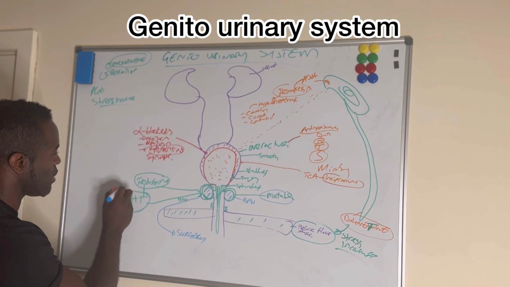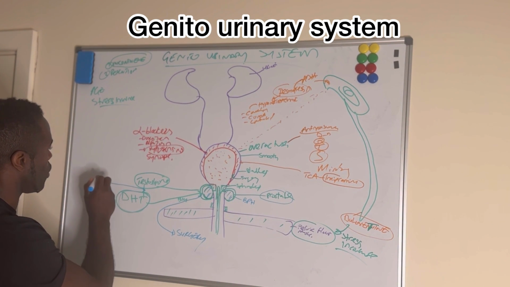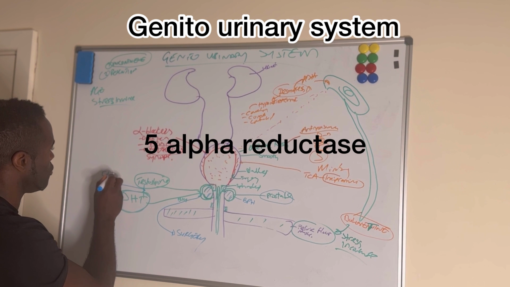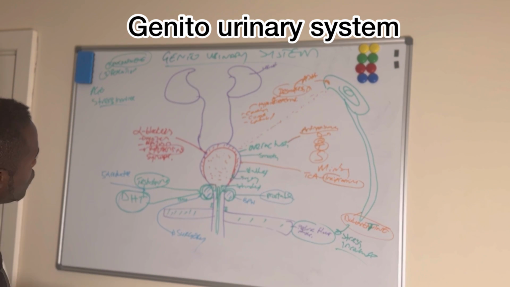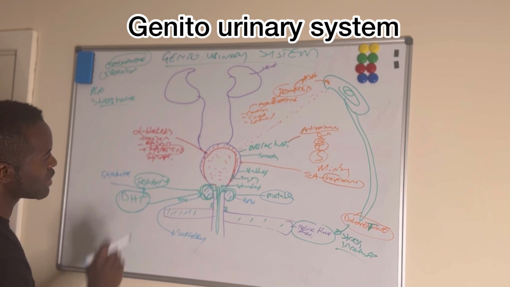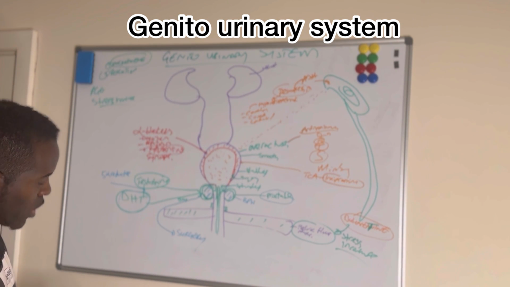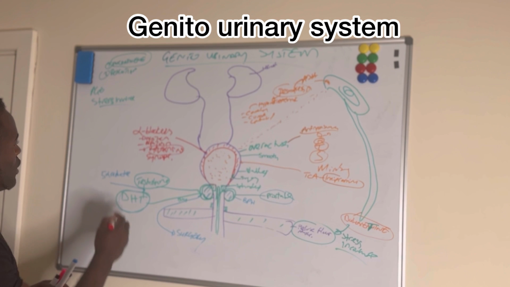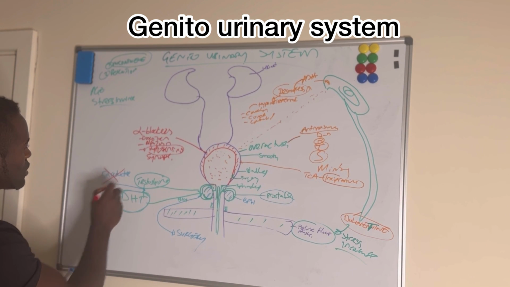Right? So the enzyme that causes this change is called 5-alpha reductase. 5-alpha reductase converts this to this, which causes an enlargement of that. So what we want to do is give you a drug that is going to stop this.